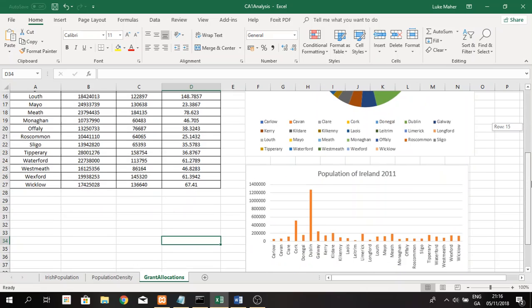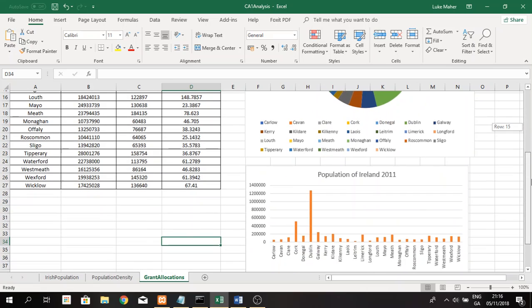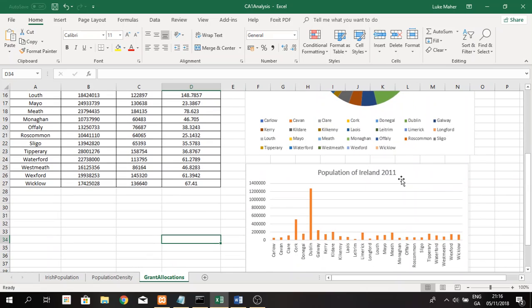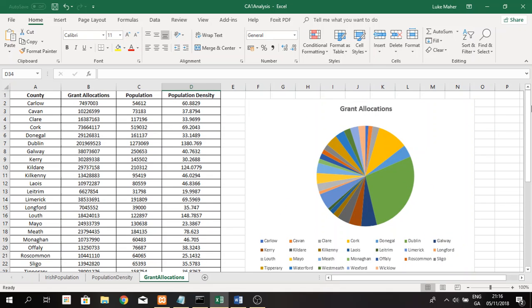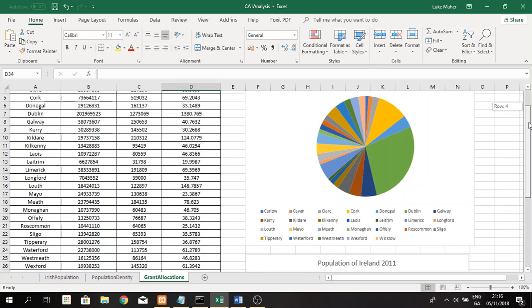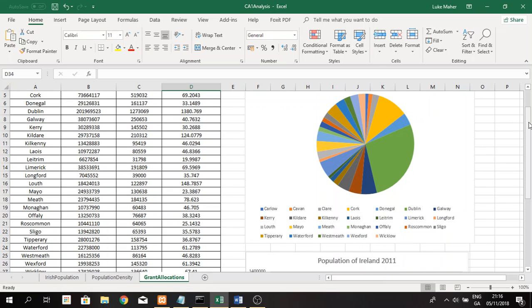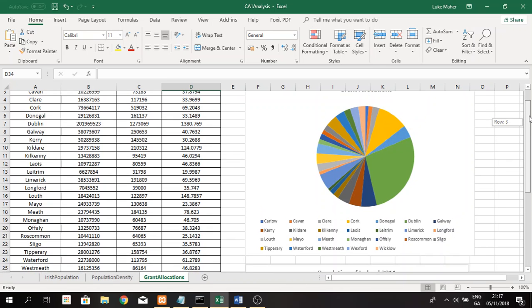And I'd say it's pretty fair. I used 2011 here because the grant allocation is between 2000 and 2015. So this is population 2011. I based it off that just because it was in that range.